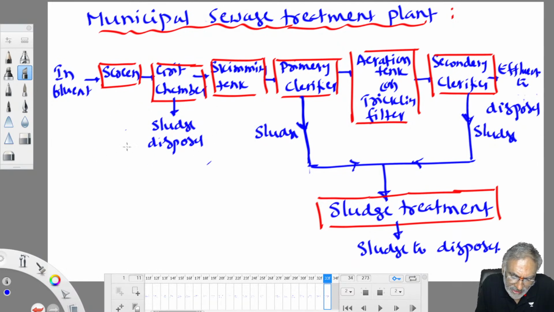Therefore, comfortably you can dispose of sludge from the grit chamber. But these sludges you can't dispose of. After treatment, you have to dispose. Understood? After treatment, comfortably you can dispose.